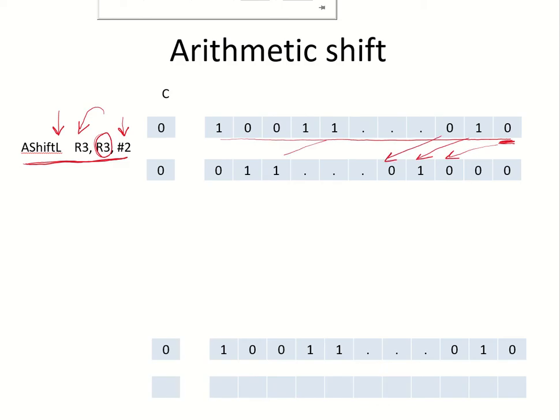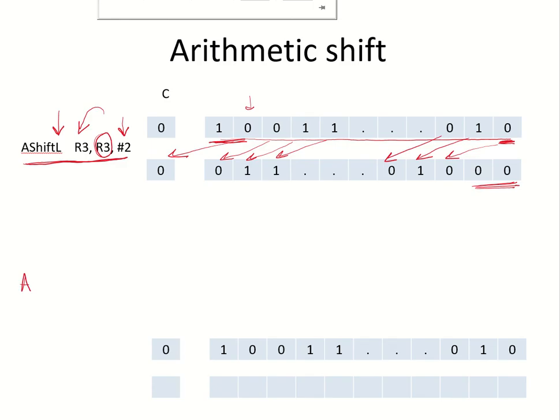Similarly, the other bits will be shifted and these will be passed through the carry, and the last bit that will come into the carry would be this 0. The vacated bits over here on the right hand side, which are the least significant bits, will be replaced by 0. So in a sense, it is very similar to the logical shift left.